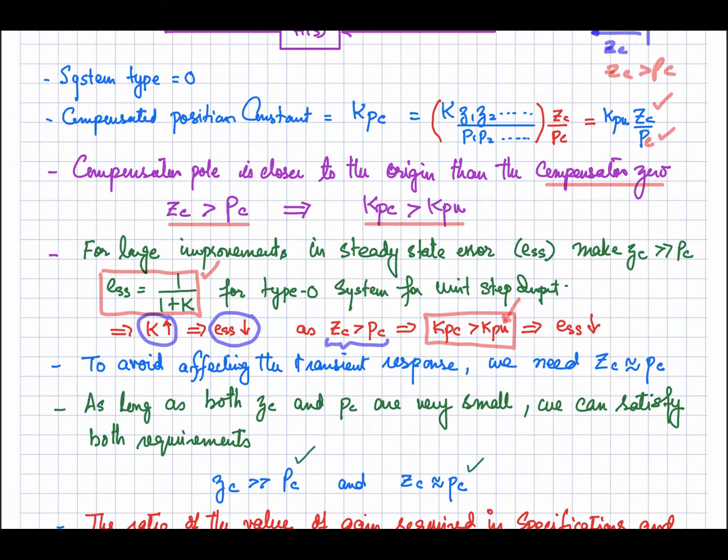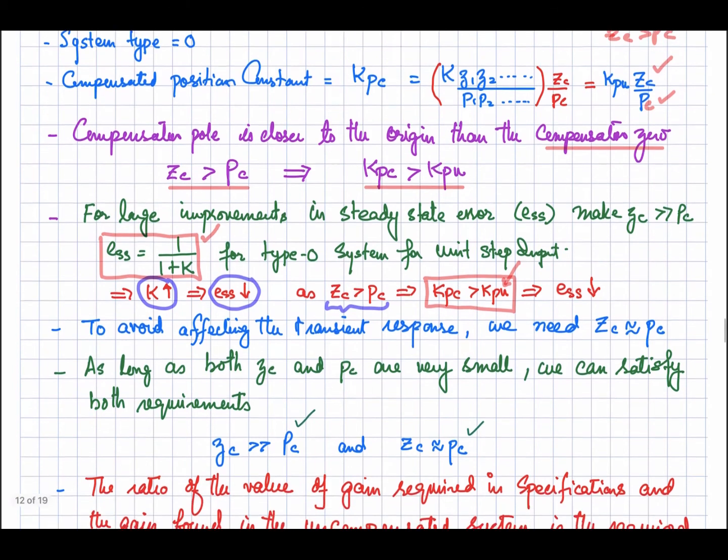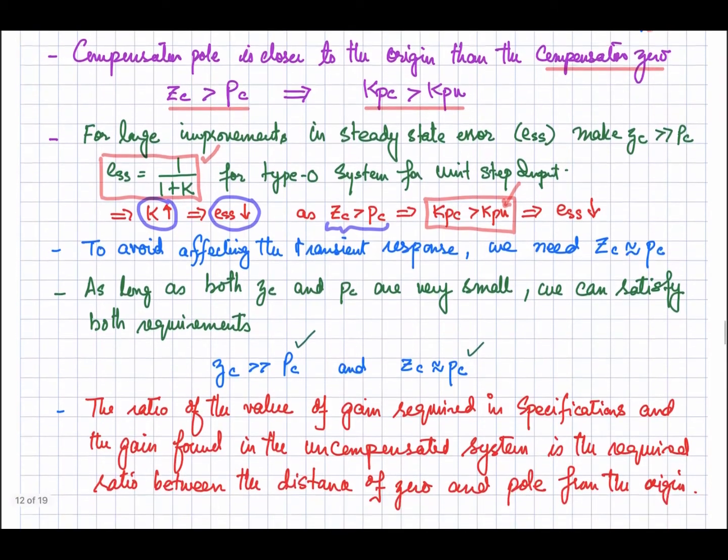So if zc by pc is quite large, your Kpc will be higher as compared to Kpu, the uncompensated static error constant. So the steady state error will be reduced, because as K is increased, steady state error is reduced. So the ratio of the gain required in the specifications and the gain found in the uncompensated system is the required ratio between the distances of the zero and pole from the origin.